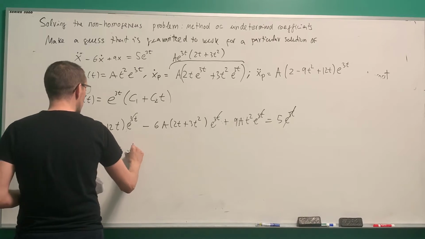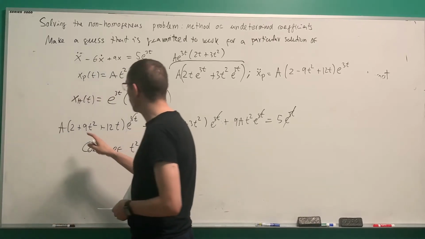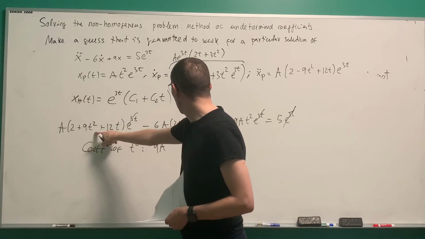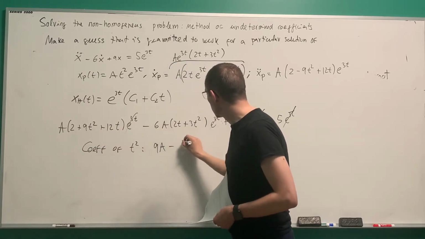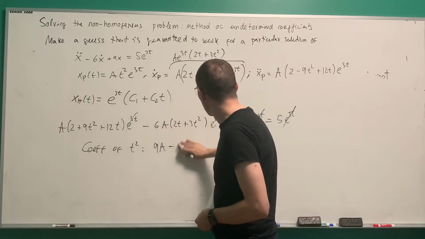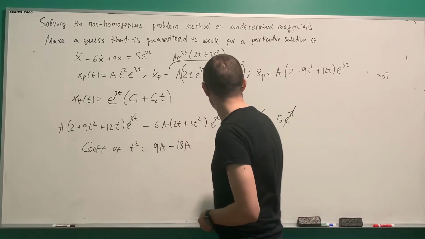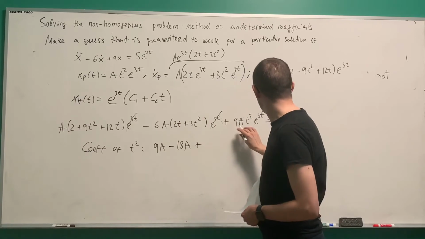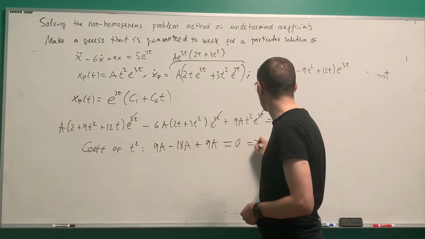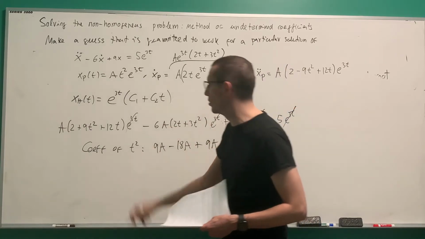Coefficient of t squared. Well, on the left we get 9a from here minus 6 times 3, 18a from here, plus 9a from here, and nothing on the right, so it equals 0. So 0 equals 0, compatible, nice, we're okay.